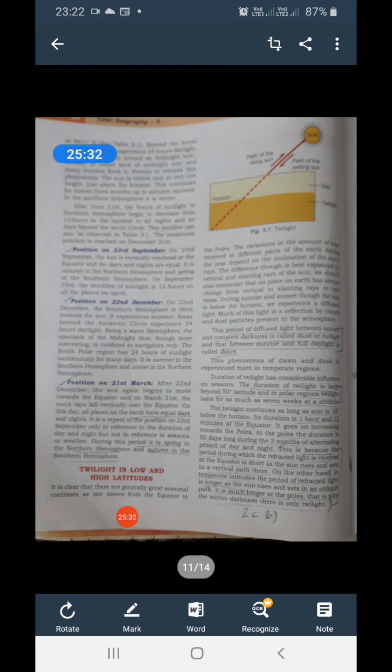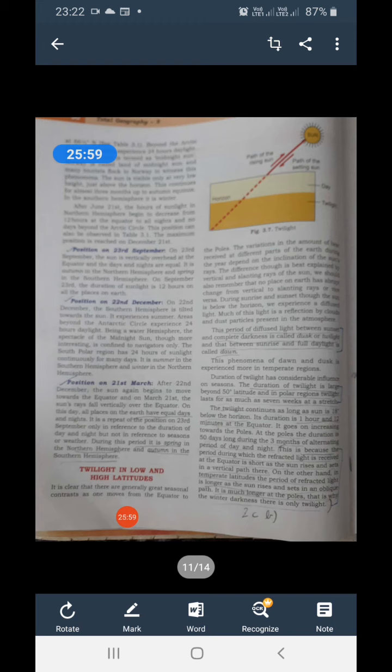Now, at this time, beyond the Arctic Circle, the region experiences 24 hours of daylight. That means when the sun is shining over Tropic of Cancer, all the places from Tropic of Cancer till the Arctic Circle are experiencing their summers, and they have longer days and shorter nights.